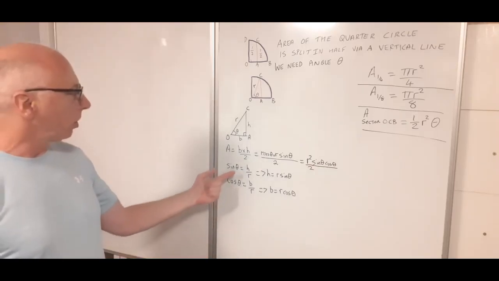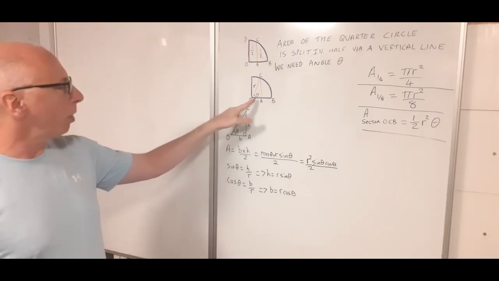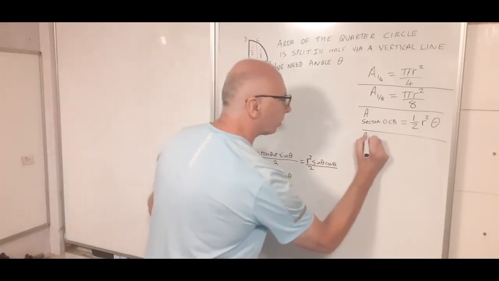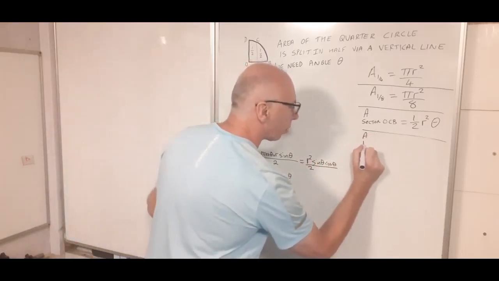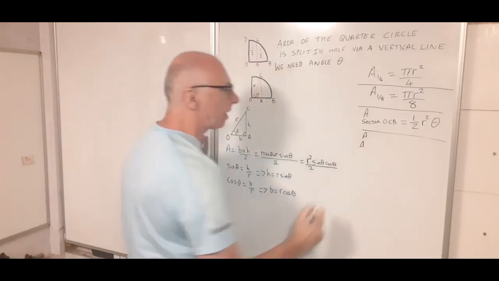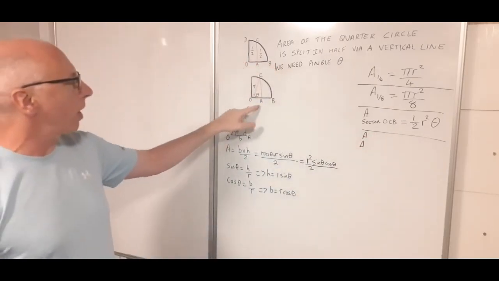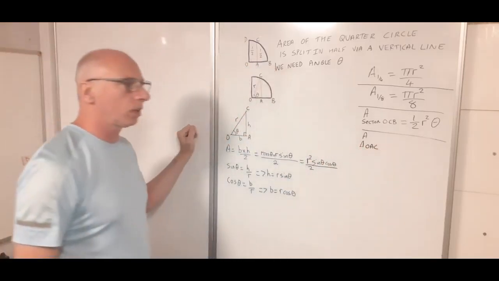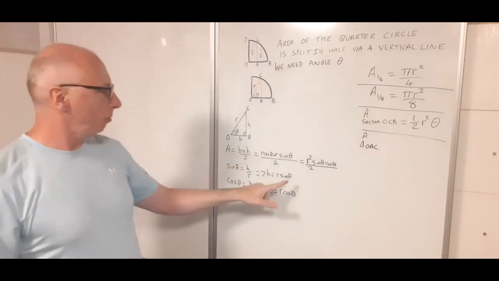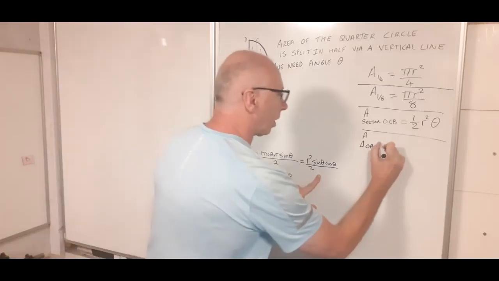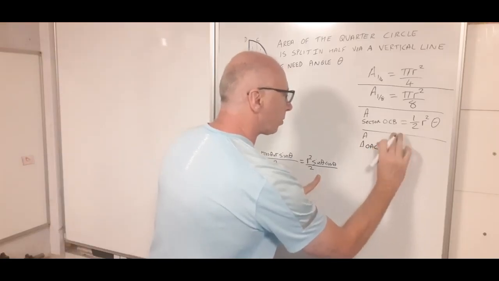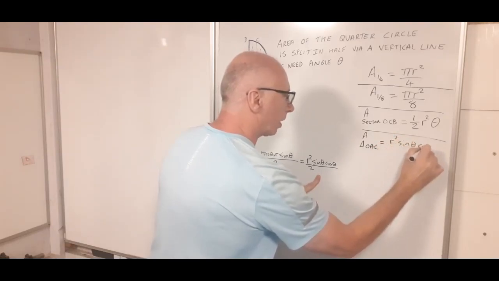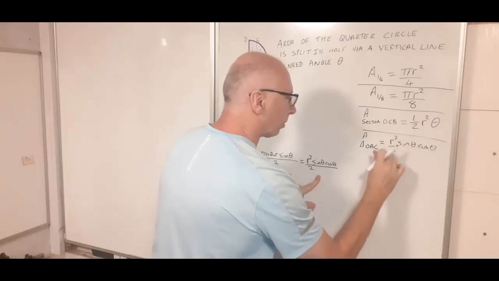Okay, that's looking good. So now I could probably find my theta. If I put this here, the area of the triangle, let's call this triangle OAC, and put in r squared sine theta cosine theta divided by 2.